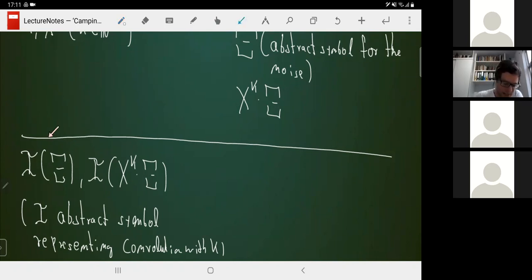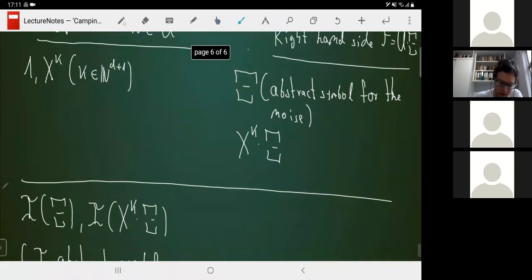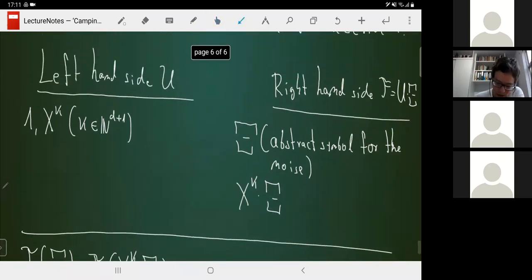So now we gather all the things that probably we will need to describe the solution. Now we're here at the left-hand side. Now we need to go back to the right-hand side. The right-hand side was u times xi.